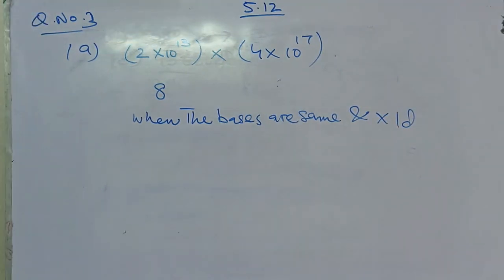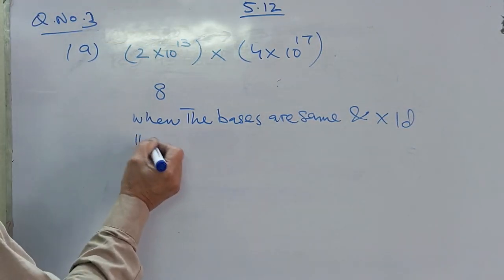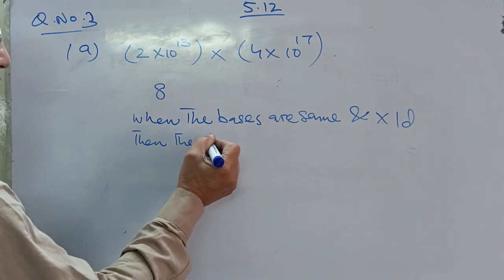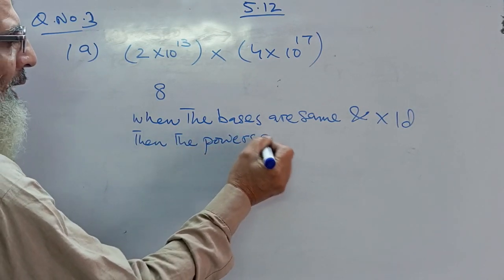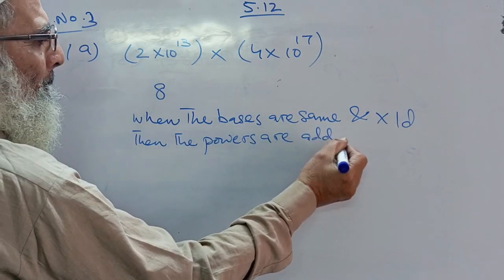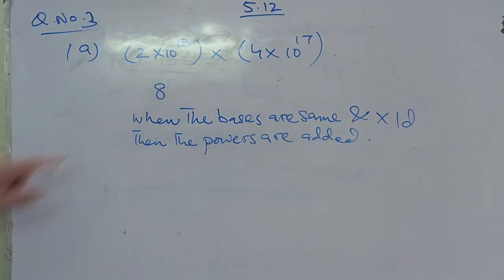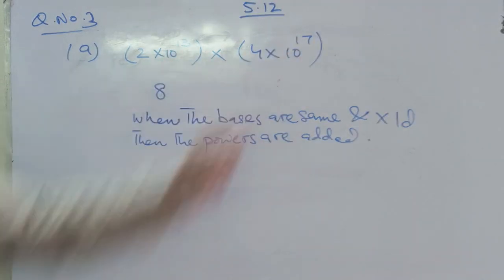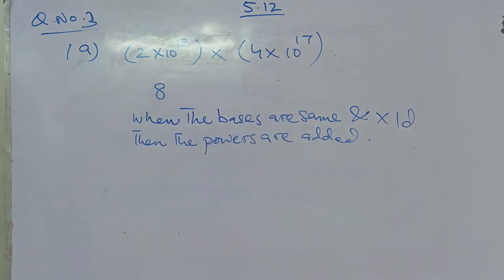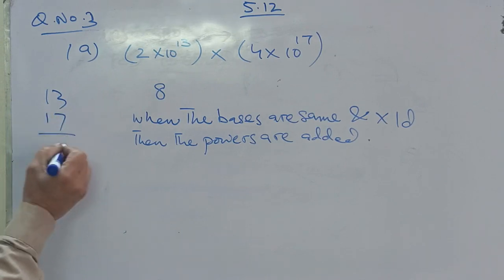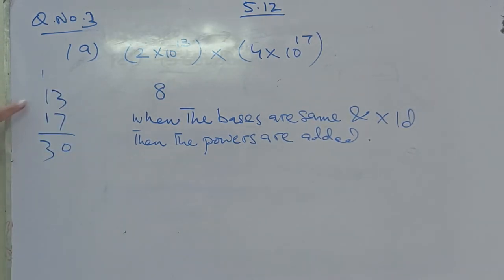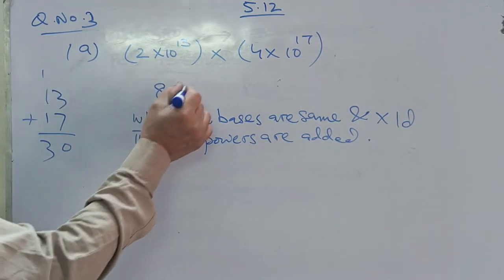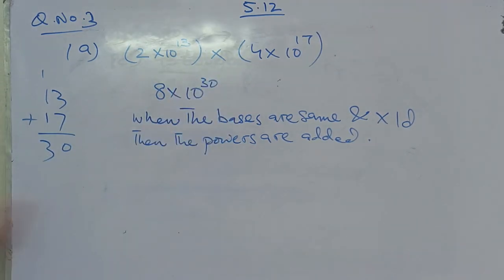So what will we have to do? We have to add the powers. Now 13 and 17 are 30. 13 plus 17 is equal to 30. So into 10 raised to power 30. So this is our answer for question number 3 part A.